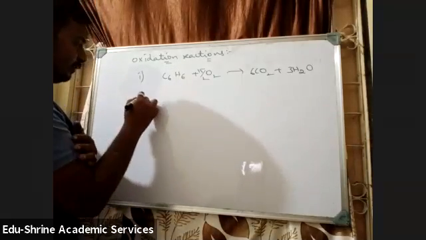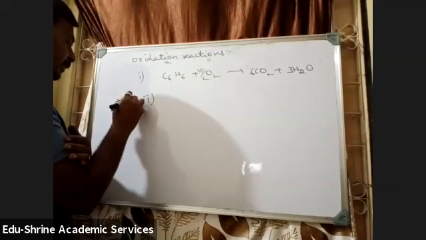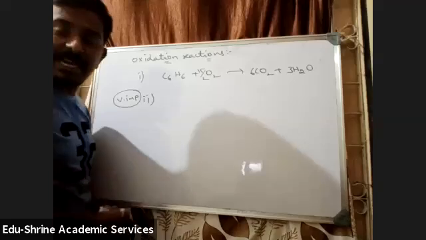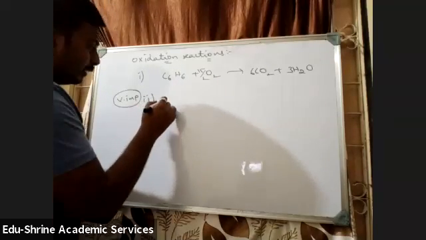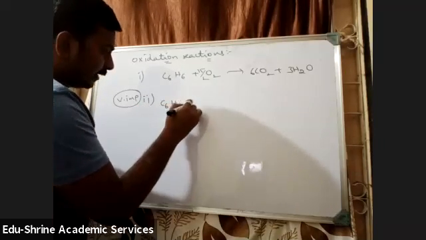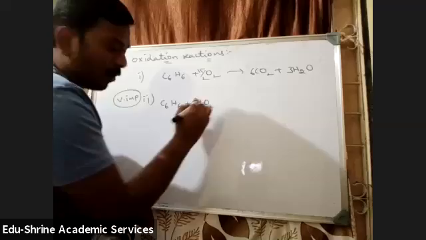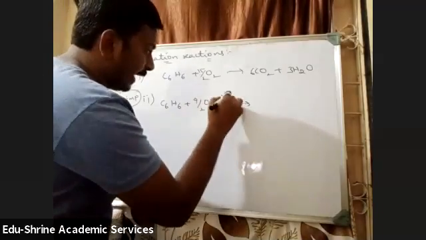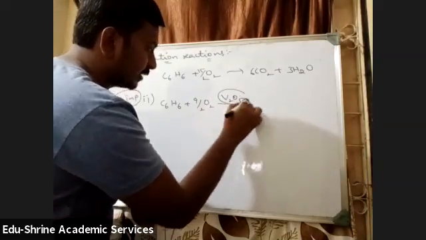There is another reaction which is very important, mainly for CET and NEET exams. That is the reaction of benzene with 9 by 2 moles of oxygen, students, in the presence of vanadium pentoxide. Remember this catalyst.